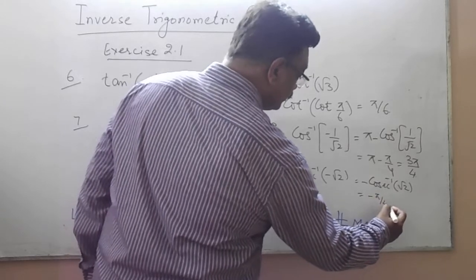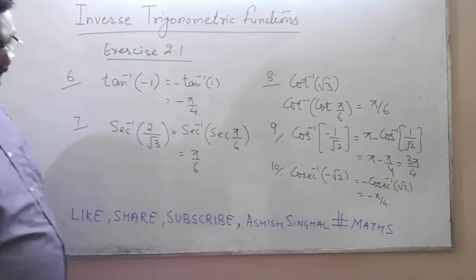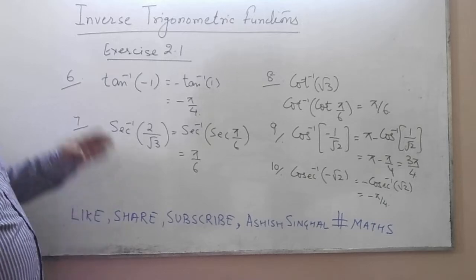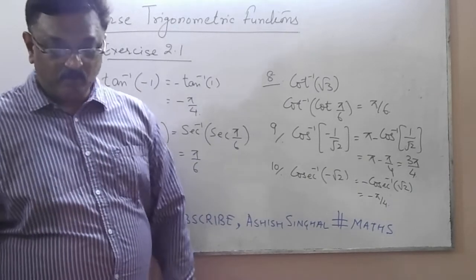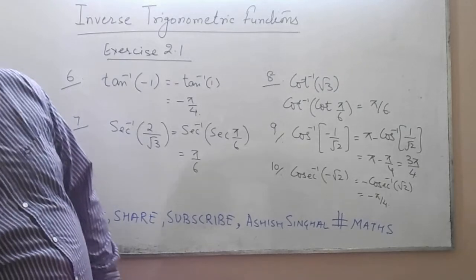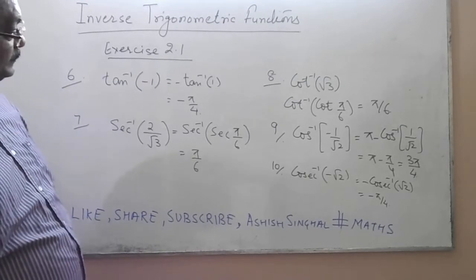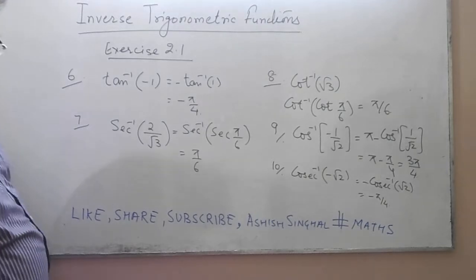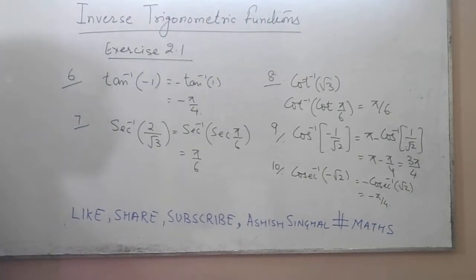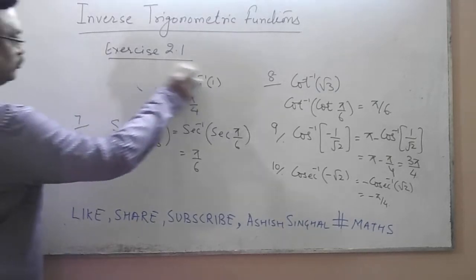So this is minus pi by 4. So here we have seen from question 6 to question 10, these all are 1 mark questions each. Now, moving ahead, I give you 30 seconds to note down the answers. Now, moving ahead to question number 11.